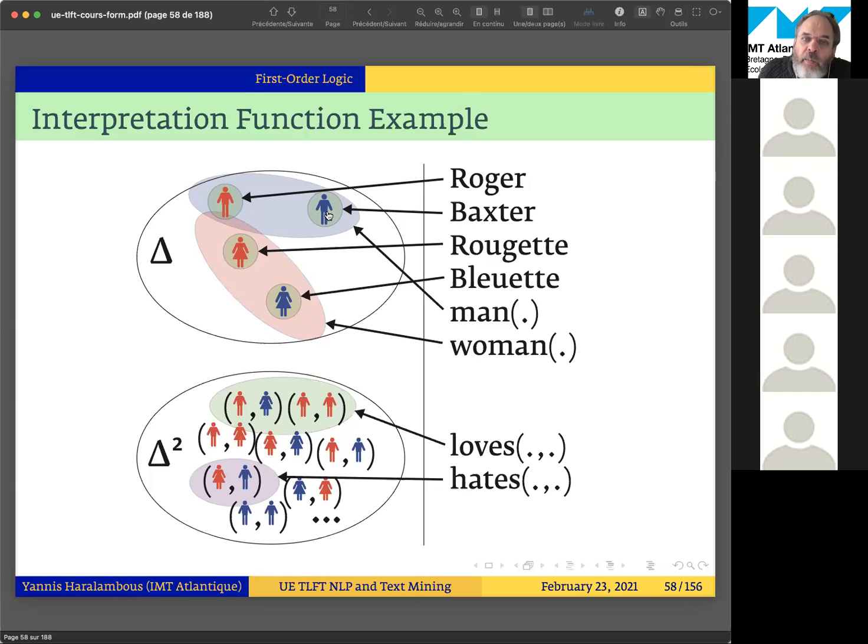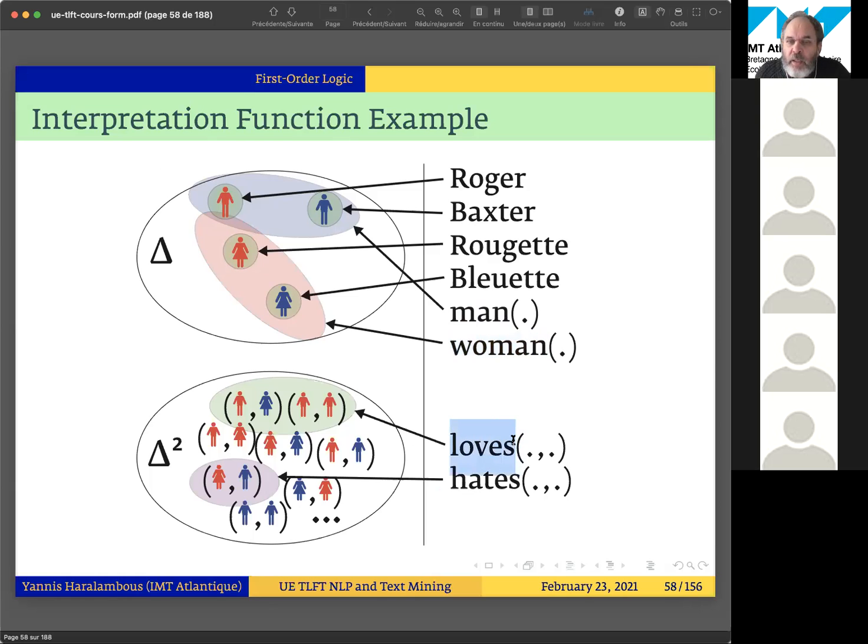So the elements that make this predicate true in the interpretation are subsets of the domain. Whenever you have a unary predicate, this unary predicate corresponds to a subset of your domain, the subset of elements for which the predicate is true. So here you have the predicate man, and here the men of this domain, and predicate woman, and here the subset of women of this domain.